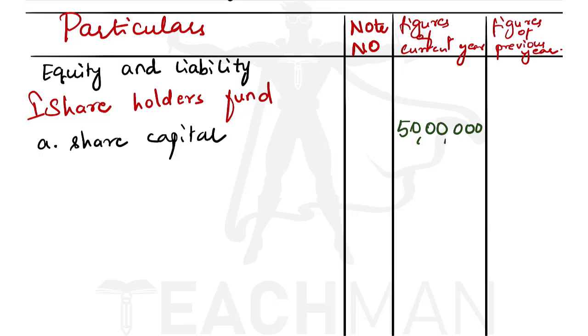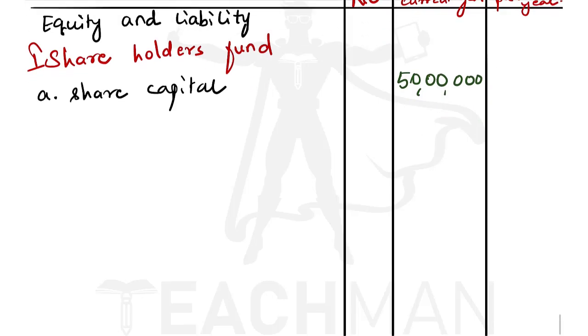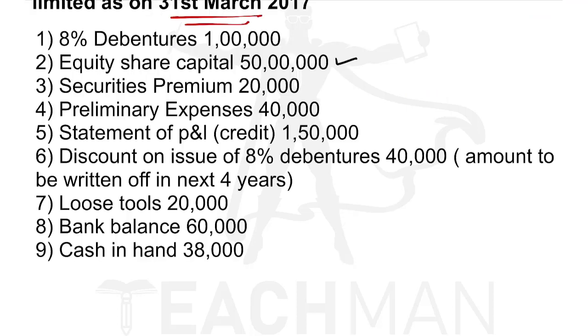Then the second item under shareholders fund is reserves and surplus. So under reserves and surplus, we know what we'll write. We'll write the securities premium, then any profit or loss, statement of profit and loss, credit in the sense profit. So these two items, then we will deduct any expenses, that is preliminary expenses.